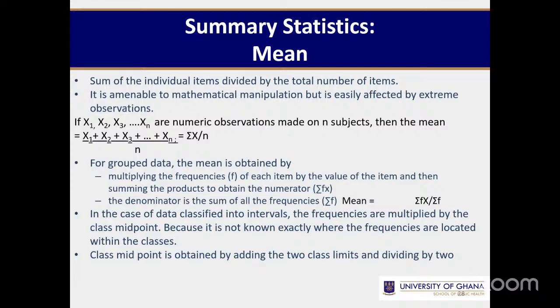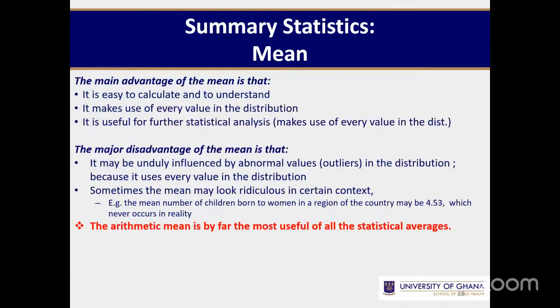And we sum them up and divide by the number of participants. It is very easy to calculate the mean because it uses every value in the distribution. The number of every participant takes part in the calculation of the mean. And it is also very useful for further analysis.